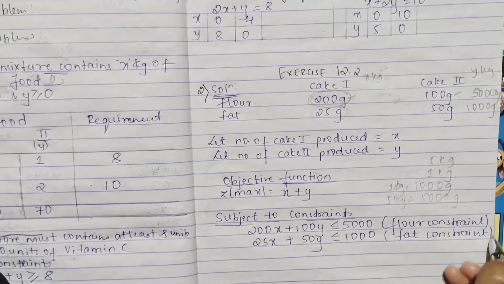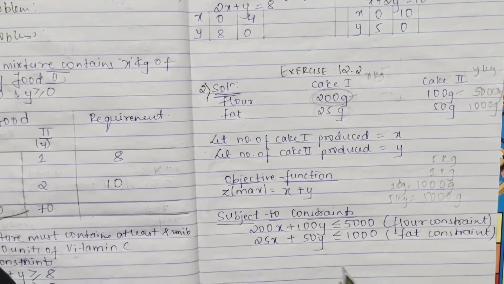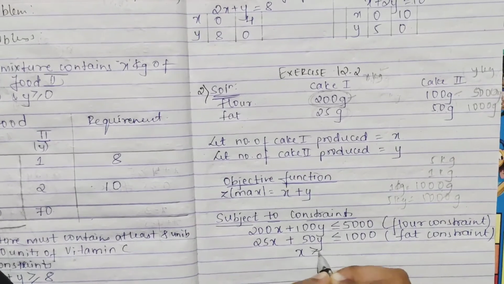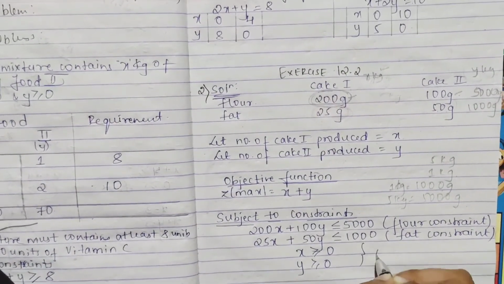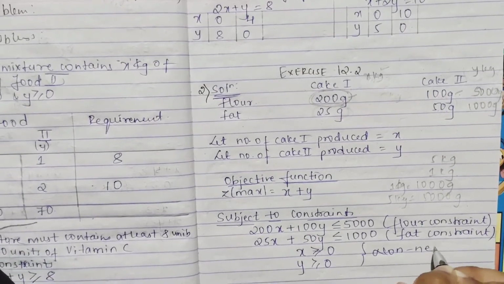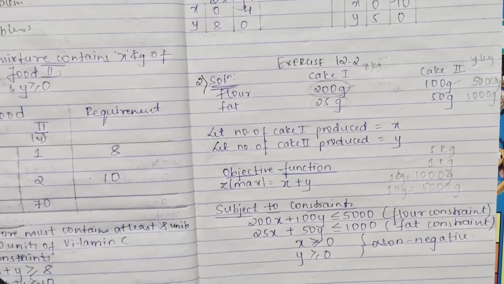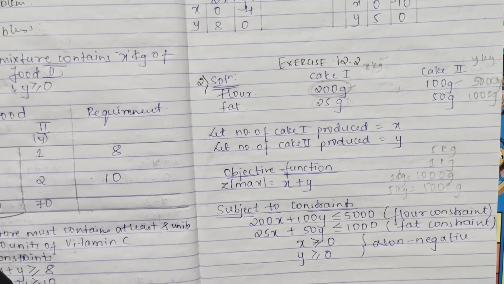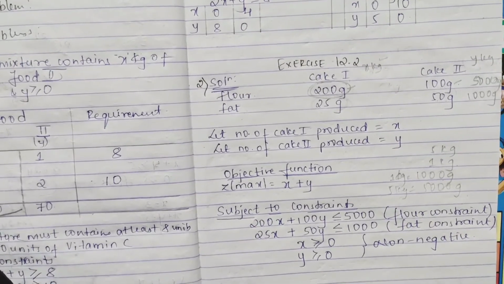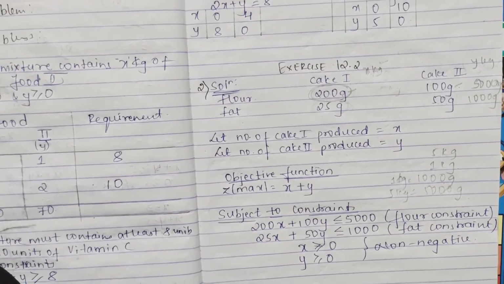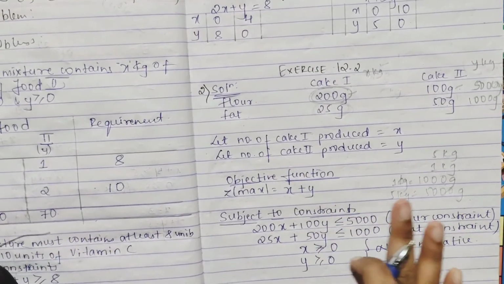And besides these two constraints, which they won't give, you have to write that x and y are both non-negative. They won't give it in the question, but you should write it. I hope this explanation is very clear for you. Please don't get confused. This much explanation is enough.